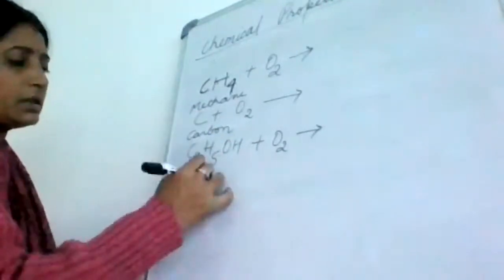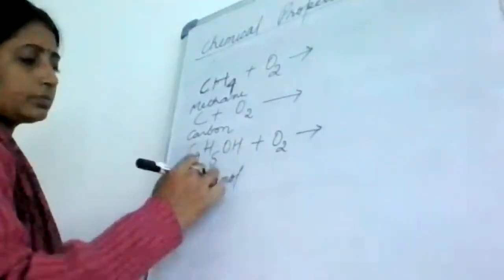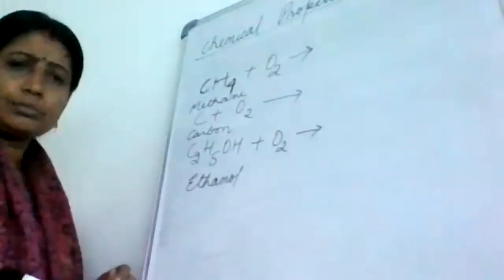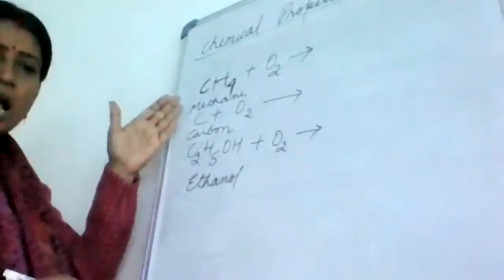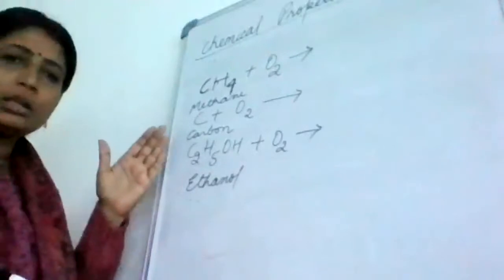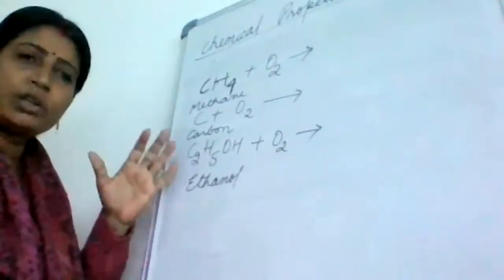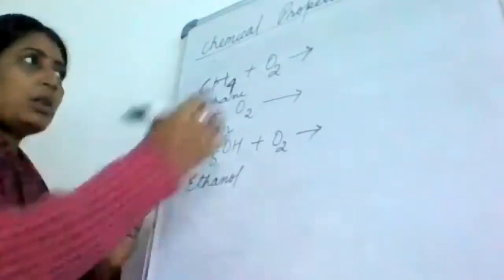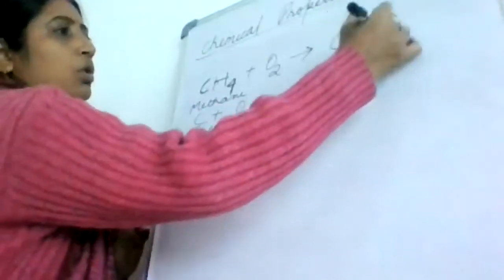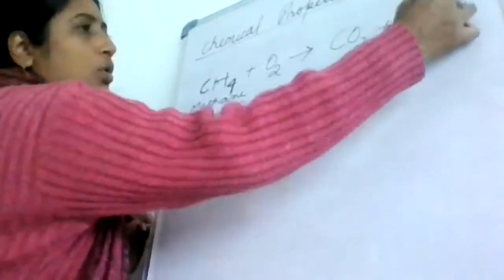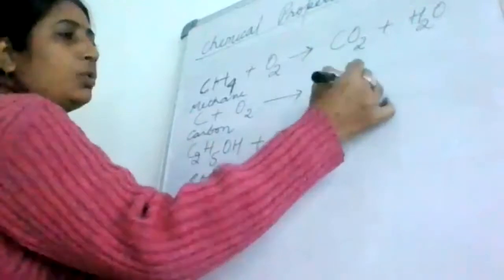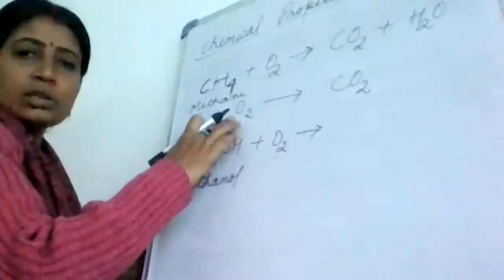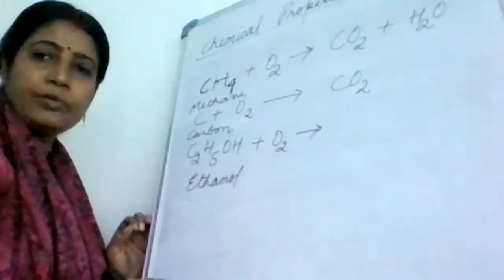And this is ethanol. Each time, whether it is methane, carbon, or ethanol, the product formed will be the same. All the time it will be CO2 plus H2O. Here also it will be only CO2 because no hydrogen is there, so no compound of hydrogen will be formed.